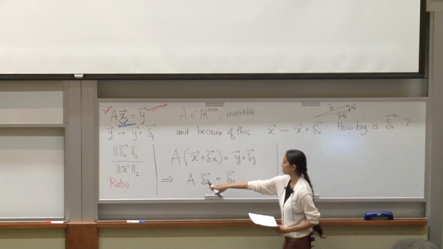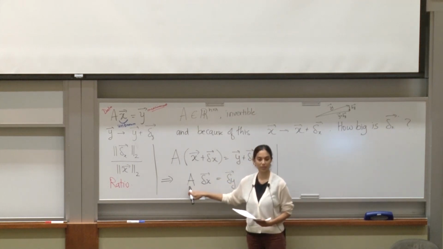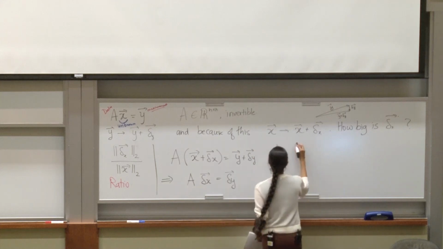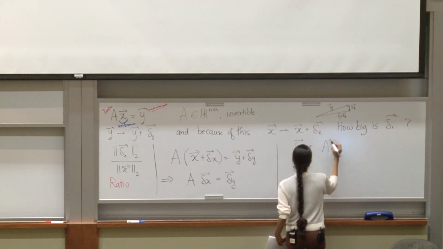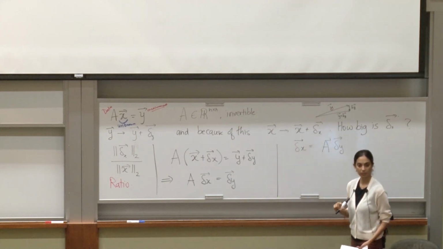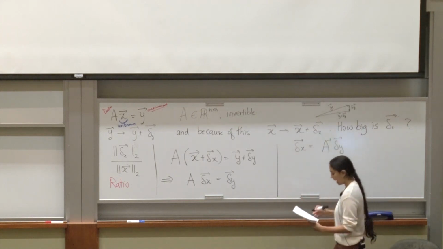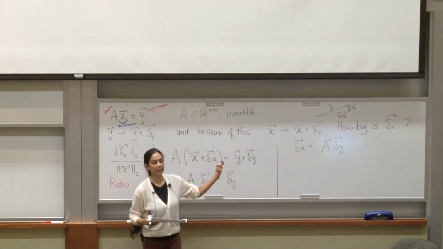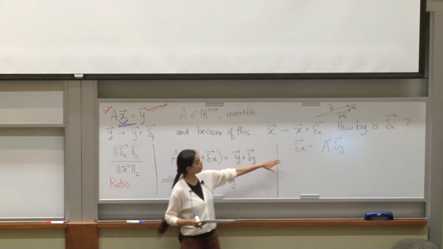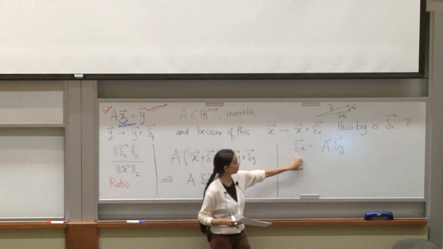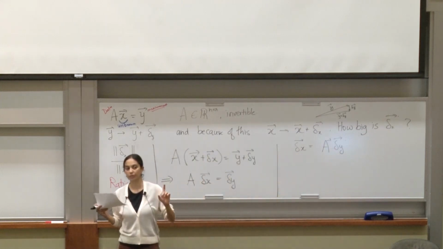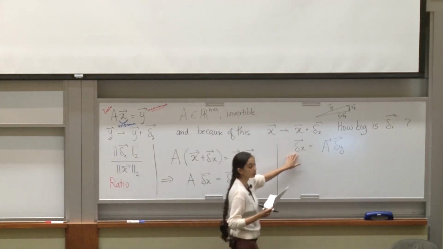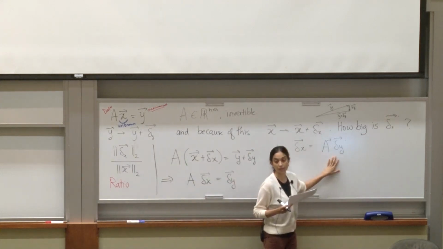Since I'm assuming that A is square and invertible, I can write delta x is equal to A inverse delta y. Now, can I use this equation to get some information about the norm of delta x in terms of A and delta y? What have we been talking about that we could use to relate the norm of delta x to the quantities on the right-hand side?